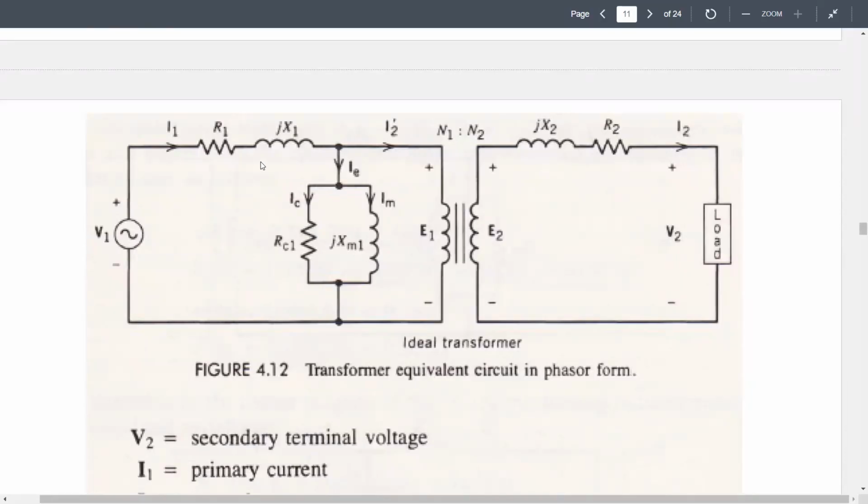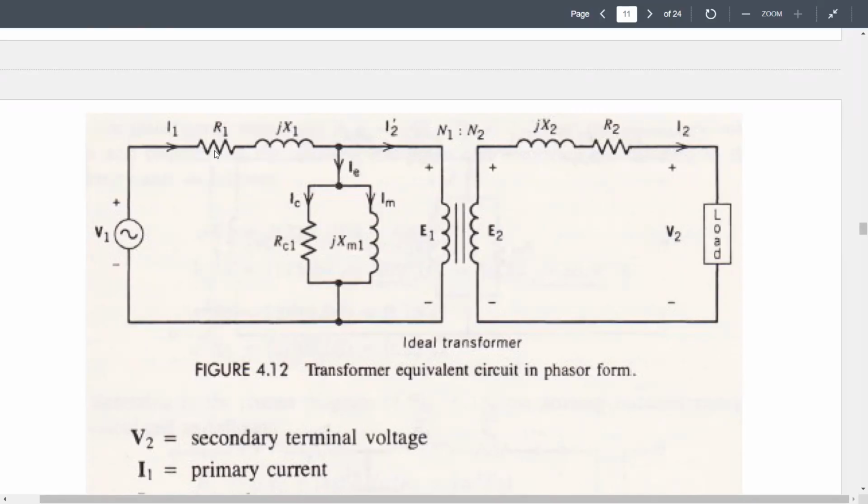And the amount of current is so small, it will not actually affect anything here. Most of the current will go here, and there won't be any voltage drop at this point because the amount of current is very low. So we can literally replace this one with a short circuit.